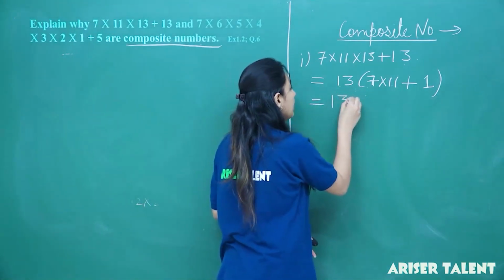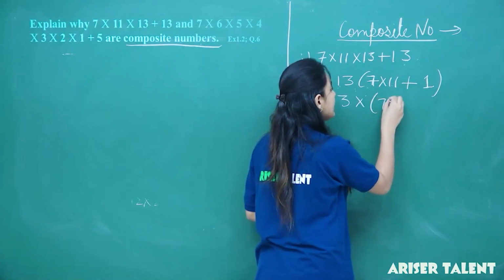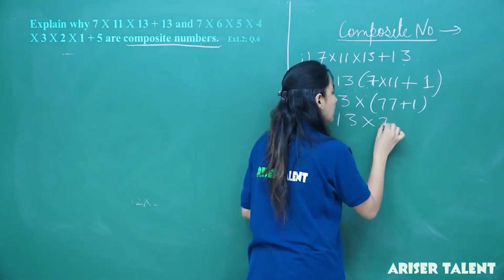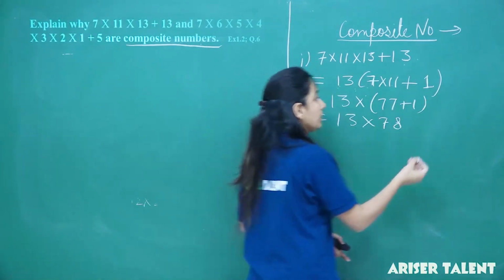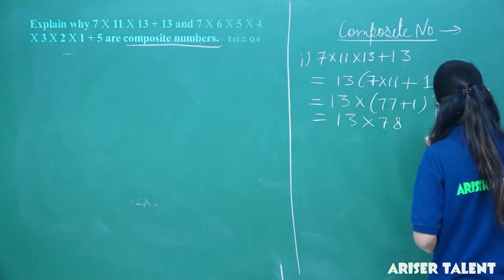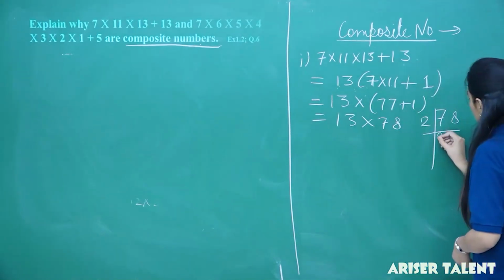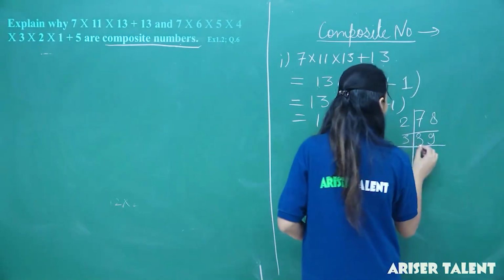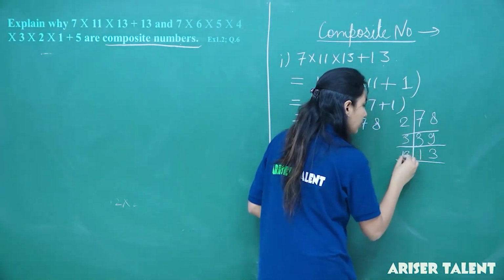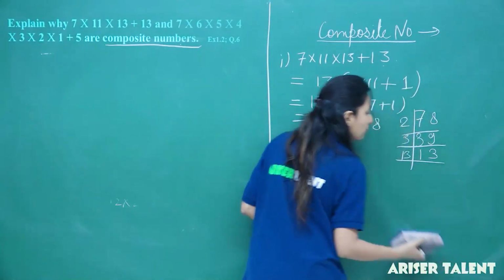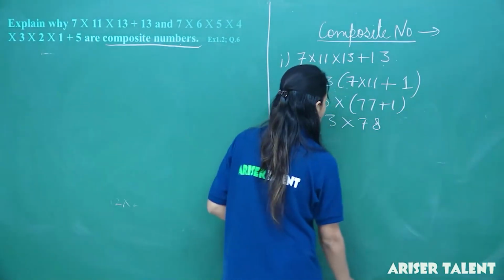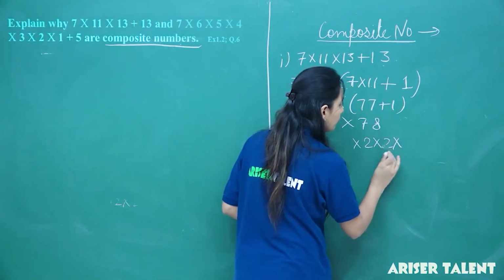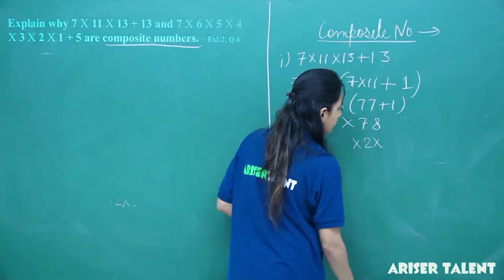Now 13 multiplied by 77 plus 1, this will be 13 multiplied by 78. Now factorize 78. What will you get? 2, 39. Now again by 3, 1 and 3, 13. So 3 into 13. So 2 into 3 into 13.